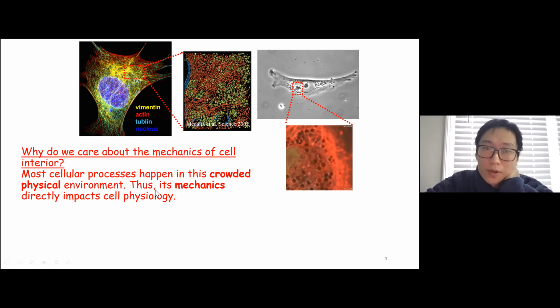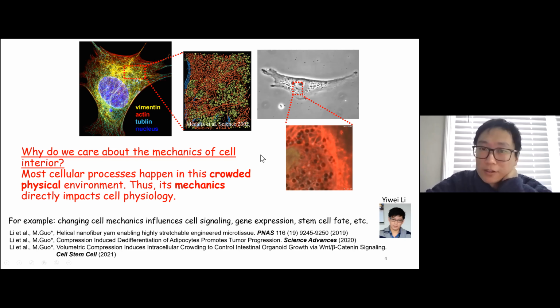In that environment, we have already shown in the last couple of years that if you directly influence the mechanics of the cytoplasm, for example, you compress the cell to concentrate it, or if you do mechanical perturbation to activate ion channels or something else, you start to change the mechanical environment of the cell.